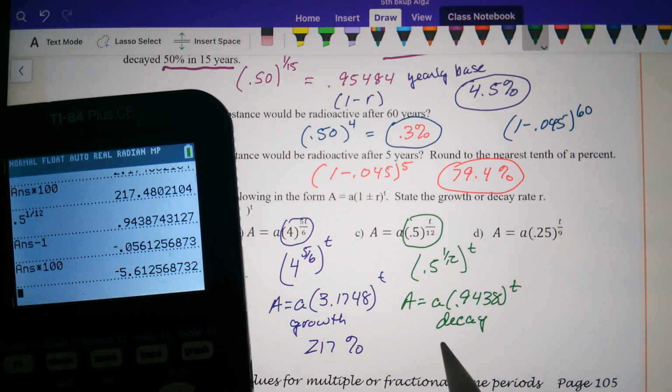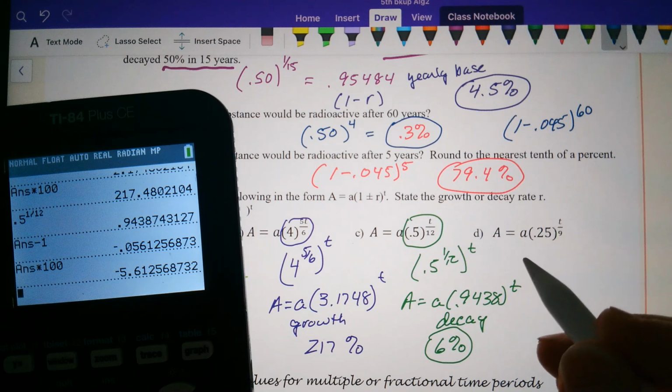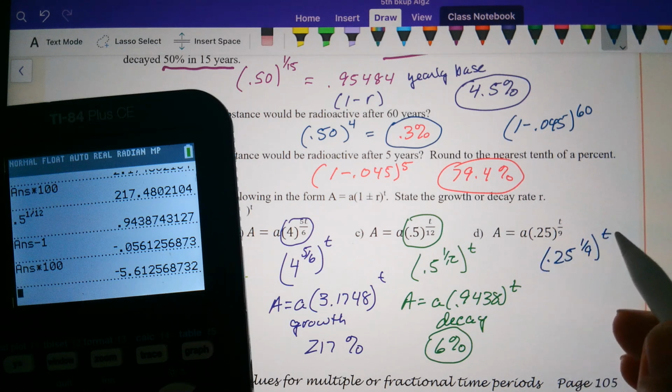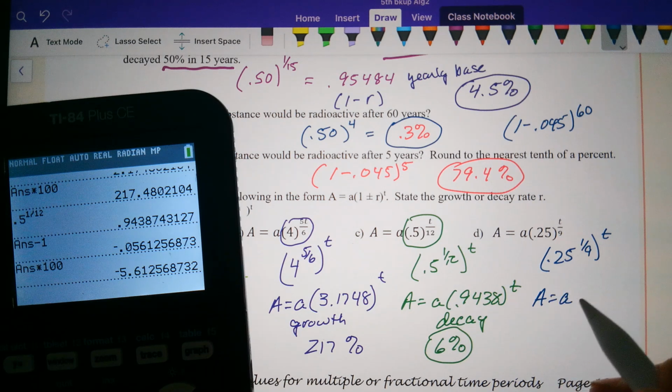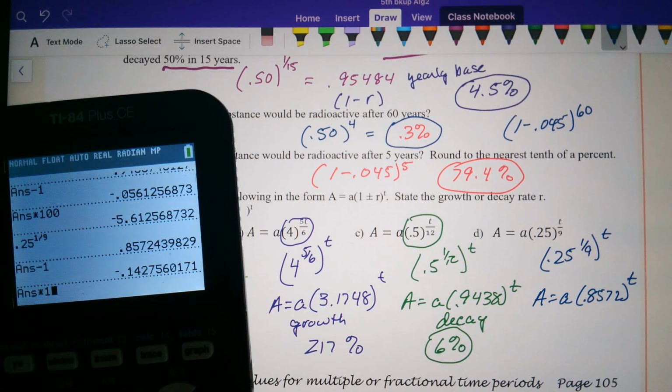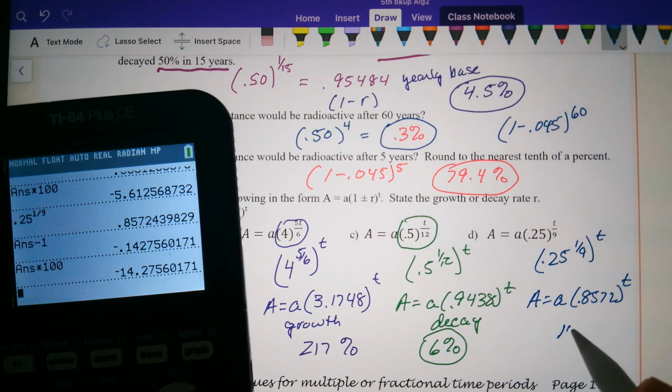Disregard the sign, so this is approximately 6%. Next, the base is 0.8572, subtract 1 times 100, approximately 14%. And this was decay also.